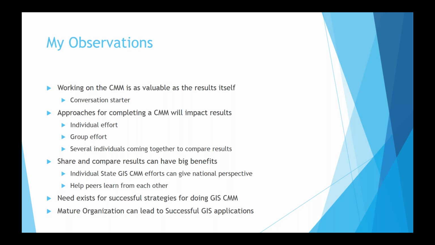Another state got a group of people that represented different offices within the DOT, and they all worked together to answer the questions. And another state basically sent the model out to specific people within the departments within the DOT. They filled them out separately, and then they came together to compare the results and come to a consensus. So there are different ways of going through the model.